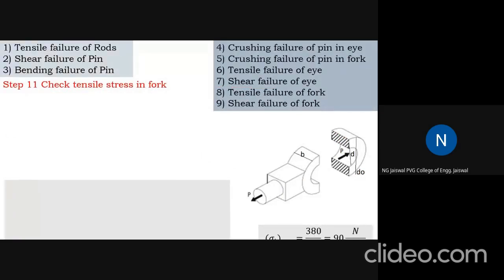So, this figure is a tensile failure of single eye. If the same figure is to be converted into tensile failure of fork, the replacement is only of what? D will be replaced by 2A, and that becomes a tensile failure of fork. That's why same thing again. D was replaced by 2A.